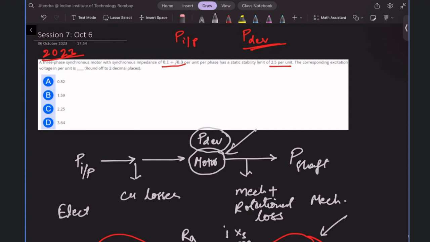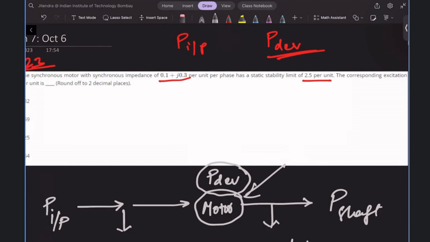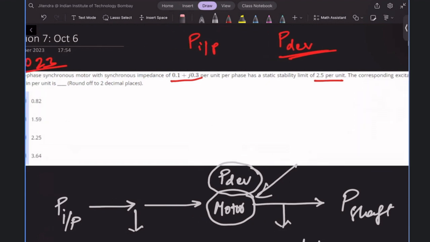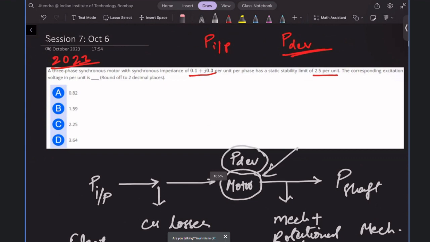Another reason is if you are operating at the static stability limit, it means the rated value of voltage should be applied at the input, so that with rated voltage you can go ahead of the rating of the machine. Since the rating of the machine, you can infer from this static stability limit, is 2.5 times of the rating of the machine.